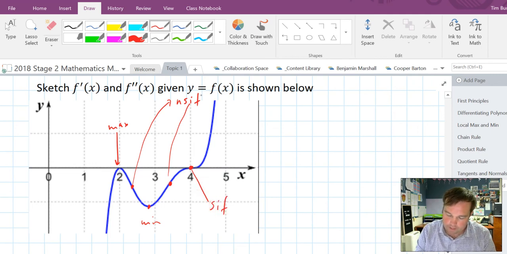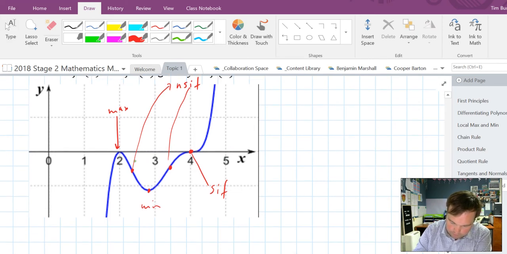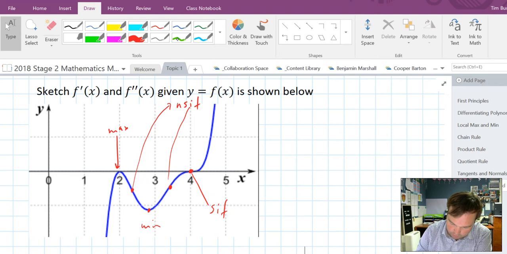Alright, now note, where there are inflection points, the second derivative needs to be 0. Okay, so let's do the second derivative first. There's no set order you have to do them in. Actually, no. Let's do the first derivative first. The first derivative is concerned largely with max and min, or where the slope is equal to 0.